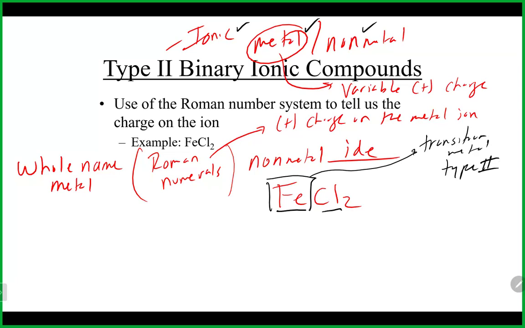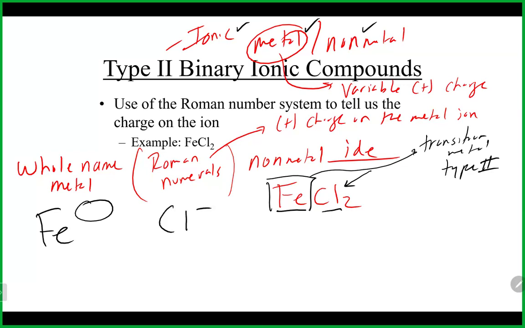So the additional thing you have to do here, unlike type 1 where you could just roll right into the naming, is step back for a second and figure out what the charge is on the metal. The very good news is you will always, 100% of the time, know the charge on whatever that metal is attached to. Here it's attached to Cl, which is group 7 on the periodic table, and group 7 has a -1 charge.